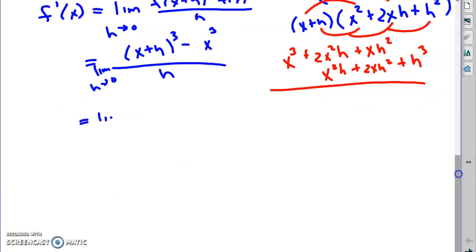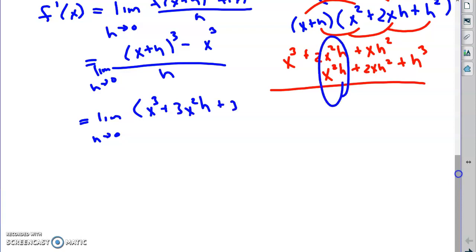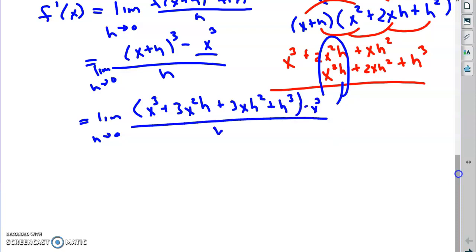limit as h approaches 0 of x cubed plus 3x squared h, because if I added these, plus 3xh squared plus h cubed minus x cubed, not 3x, minus x cubed, all over h.